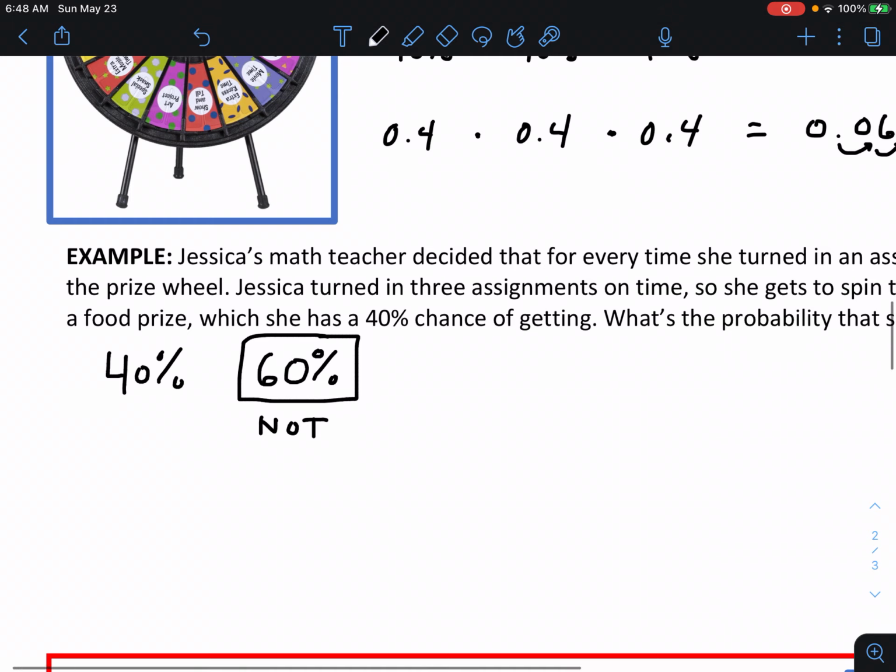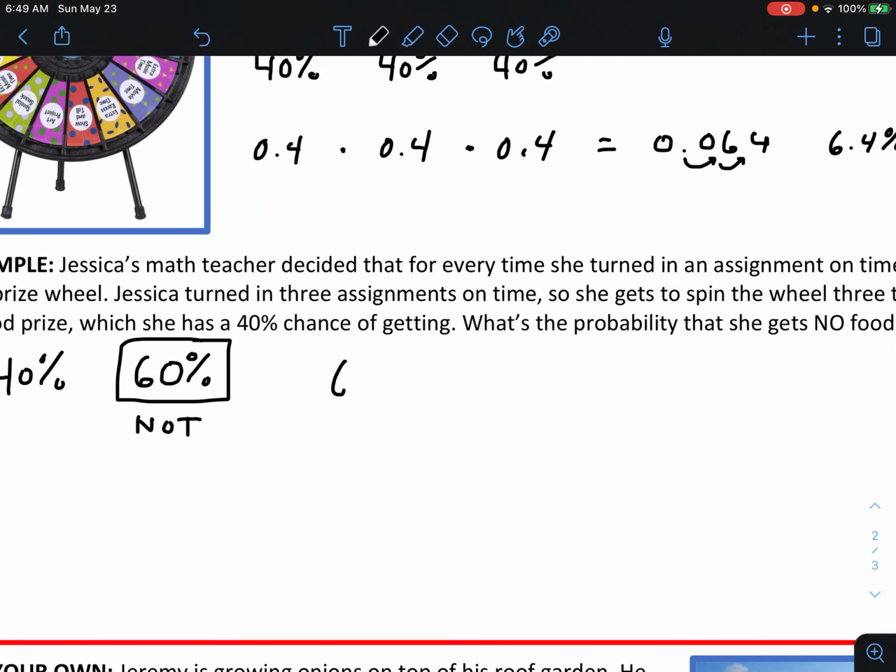We'll do the same thing. We'll do 60% times itself 3 times. Remember, we can't multiply percents like this. You can on some calculators, but sometimes it's easier just to do decimals. So we're doing 0.6 times itself 3 times.